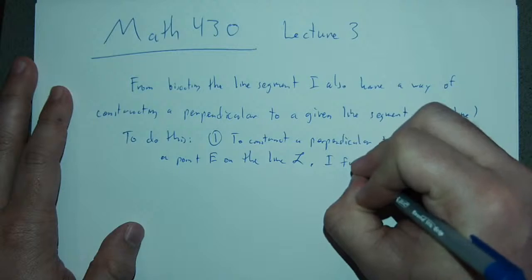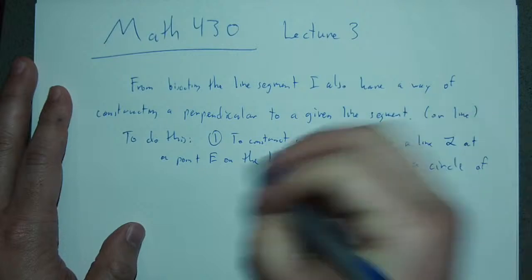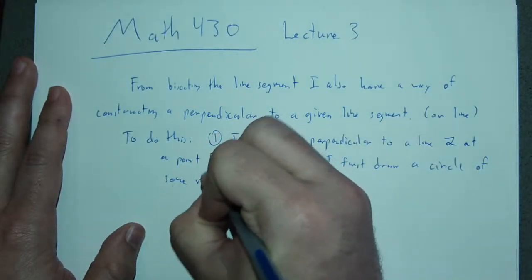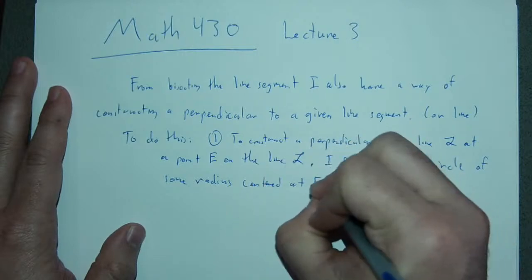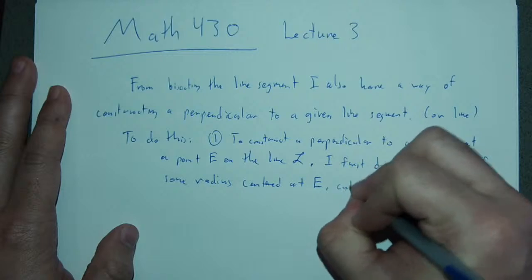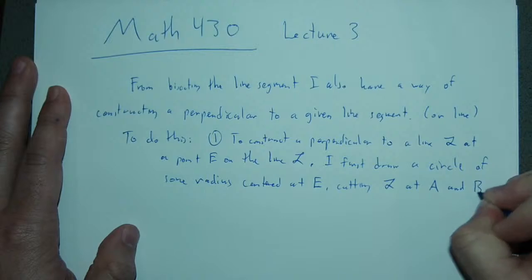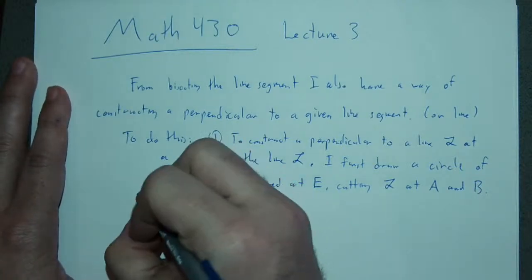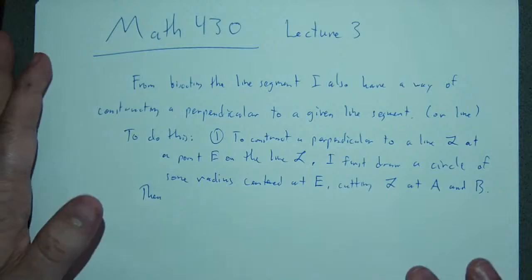I first draw a circle of some radius, doesn't matter which, centered at E. This circle is going to intersect that line L. We'll call the intersection points A and B, so cutting L at points A and B. Then this gives us a line segment that is part of that line L. I bisect that line segment, and this gives me the perpendicular.